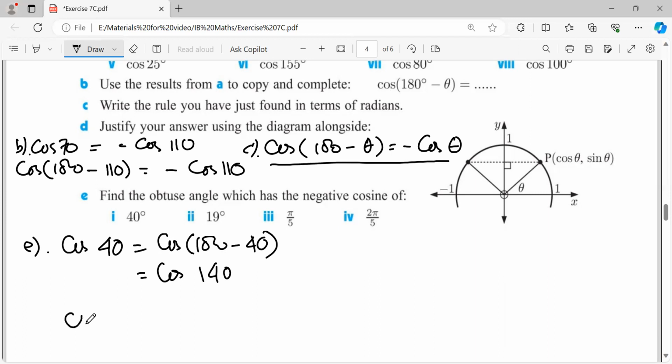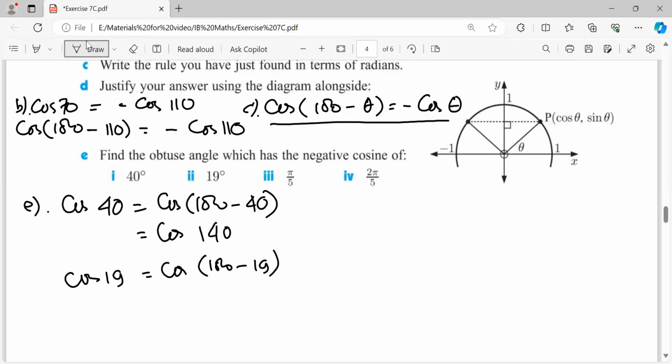And cosine 19 equals cosine (180 minus 19) equals cosine 161.